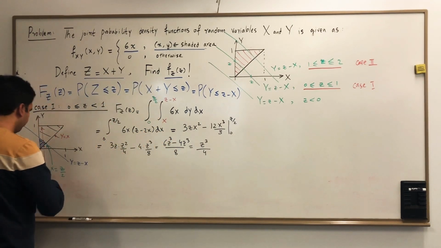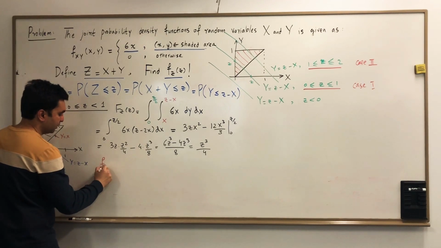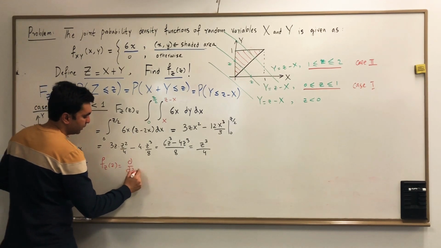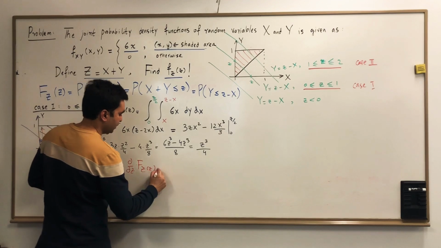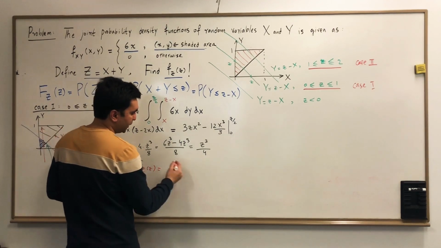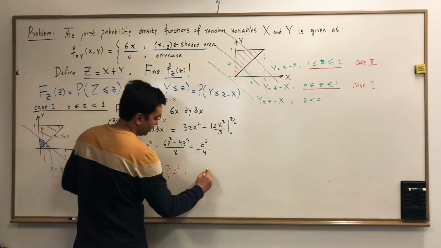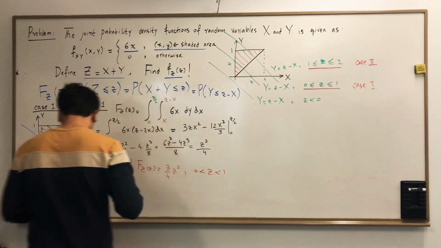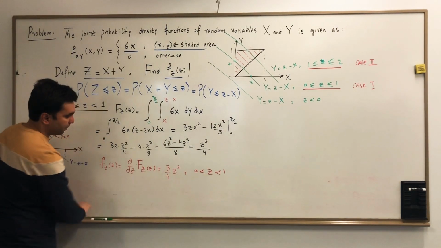So the density function is just the derivative of this, so that will be d over dz of F_Z of z. The derivative of this will be 3 over 4 z squared, and z was between 0 and 1. So we've obtained the first part of the solution.